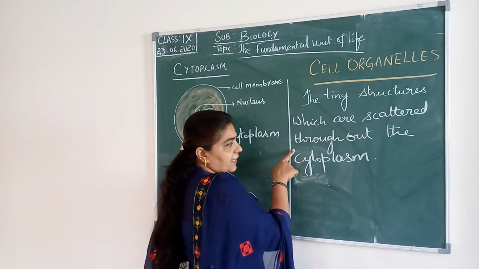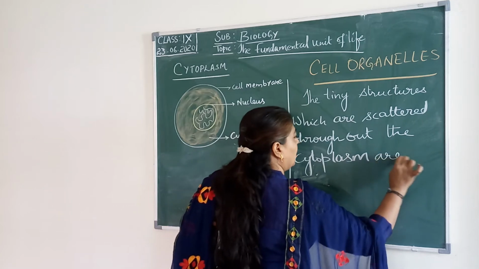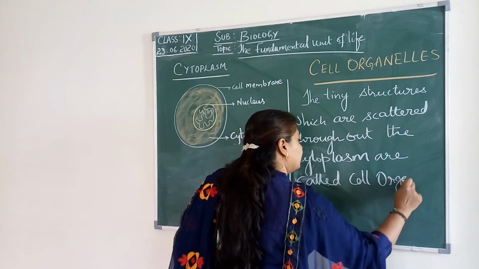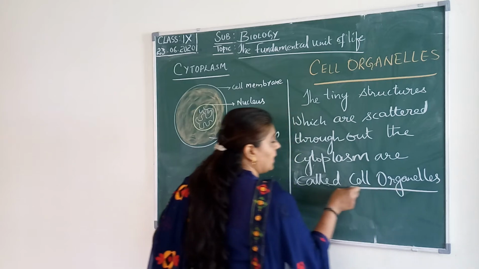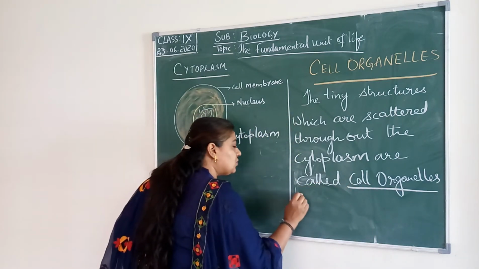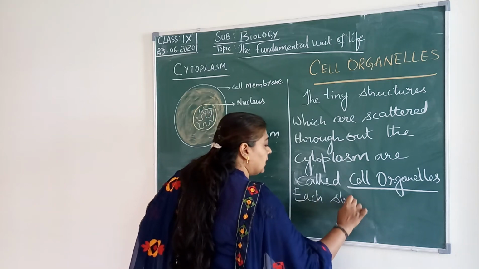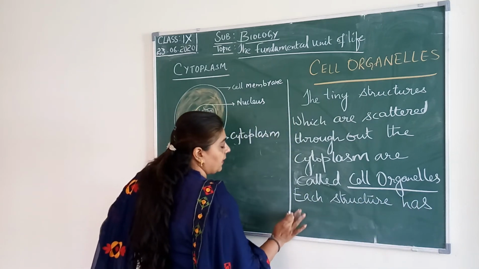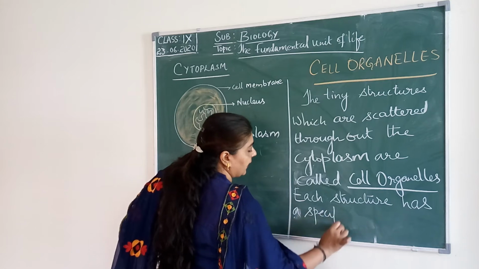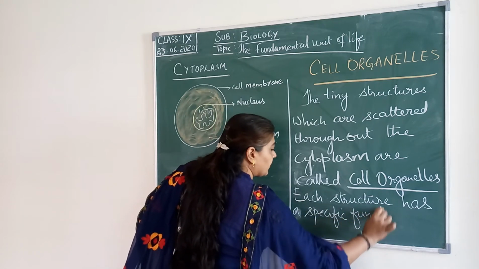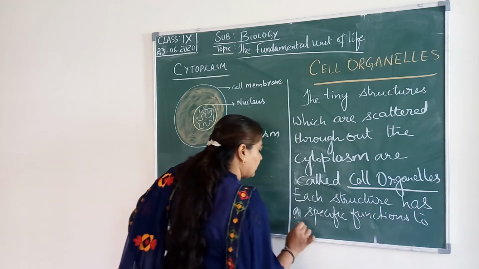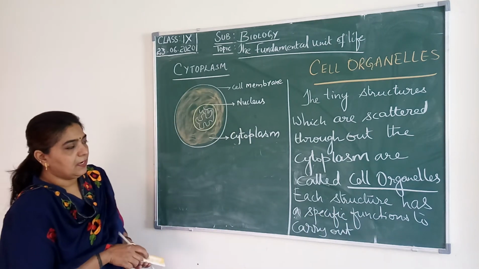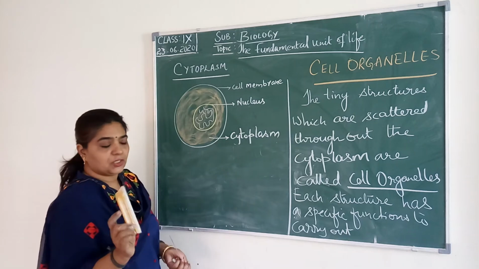So the tiny structures scattered throughout the cytoplasm are called cell organelles, and each has a specific function to carry out.